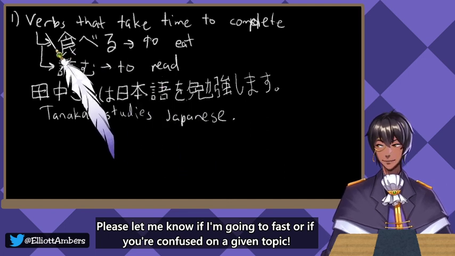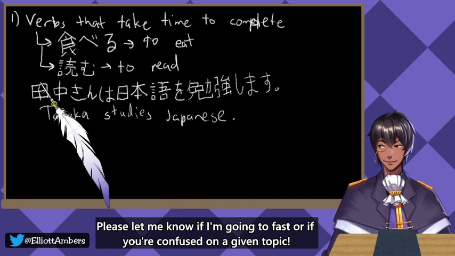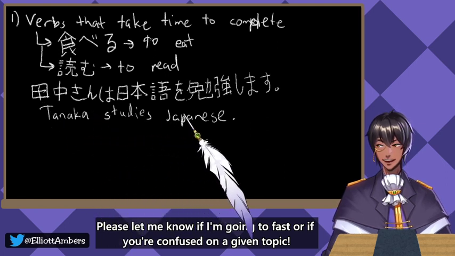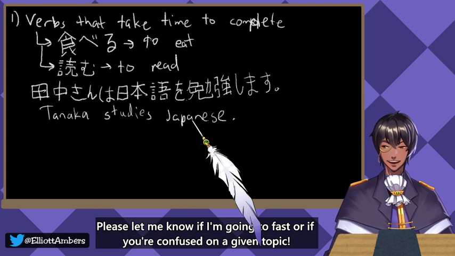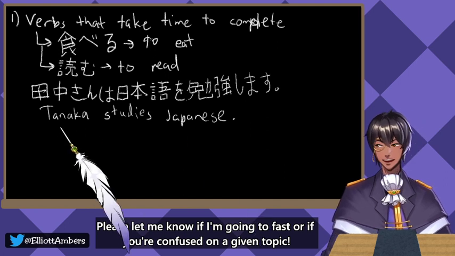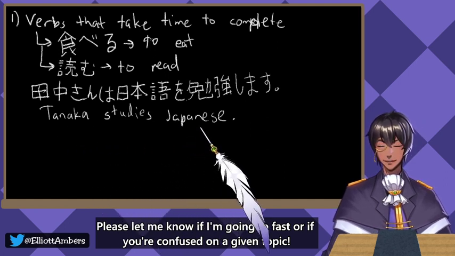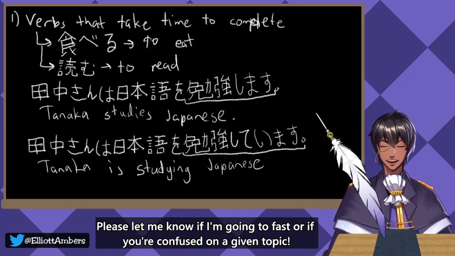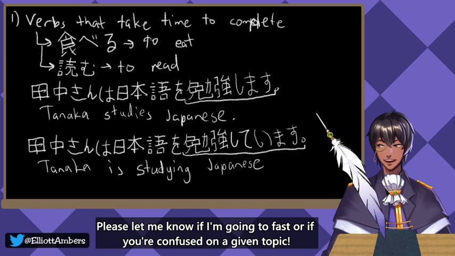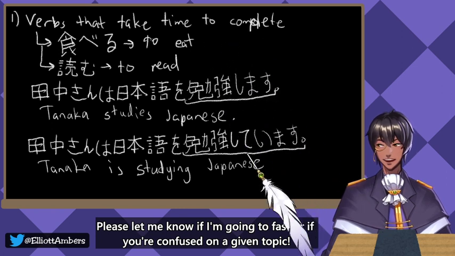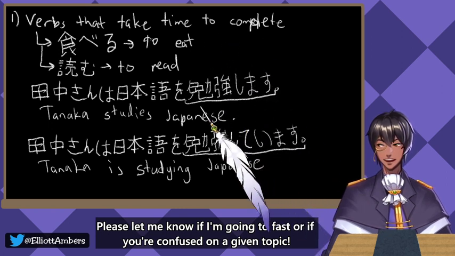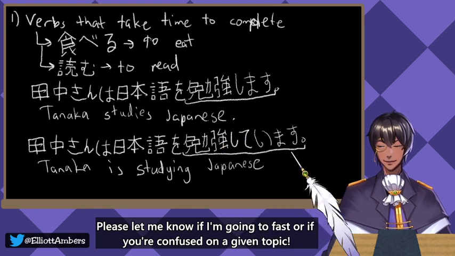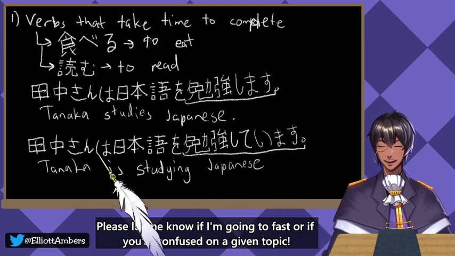So when we talk about verbs that take time to complete, we could say, Tanaka-san wa Nihongo o benkyou shimasu. This is the sentence structure that we've learned already. And it just means that Tanaka studies Japanese. But if I attach imasu here, instead of ending with benkyou shimasu, if we do benkyou shite imasu, it changes it.